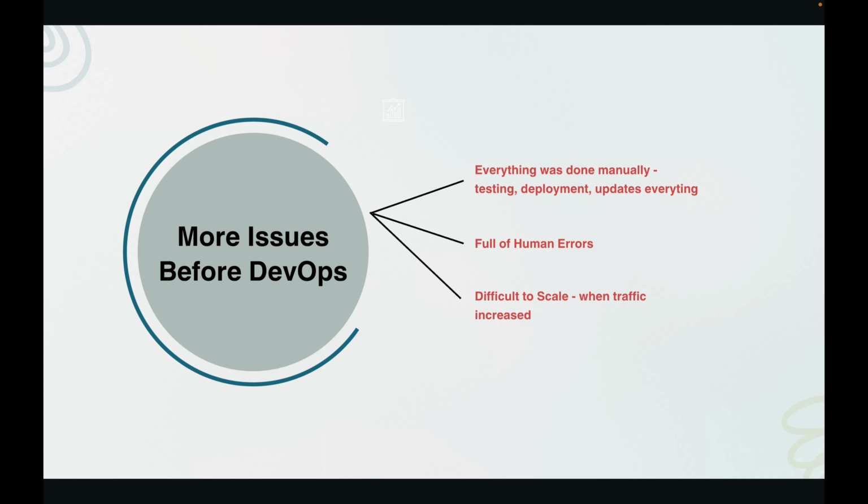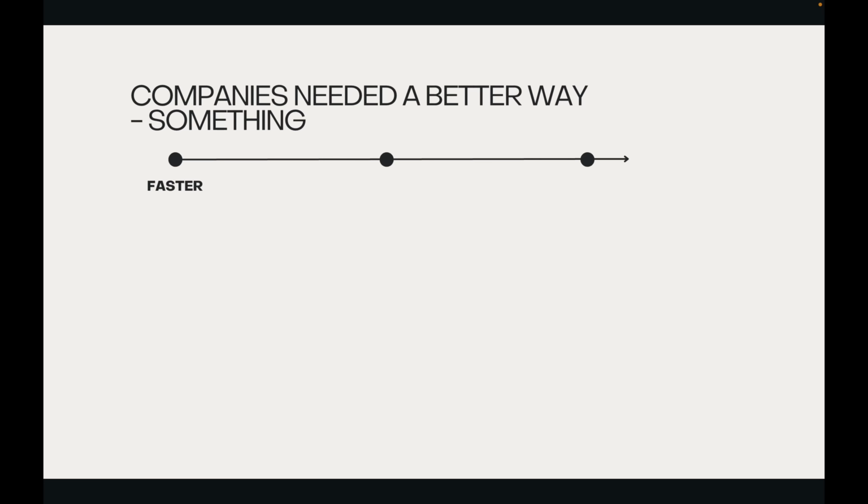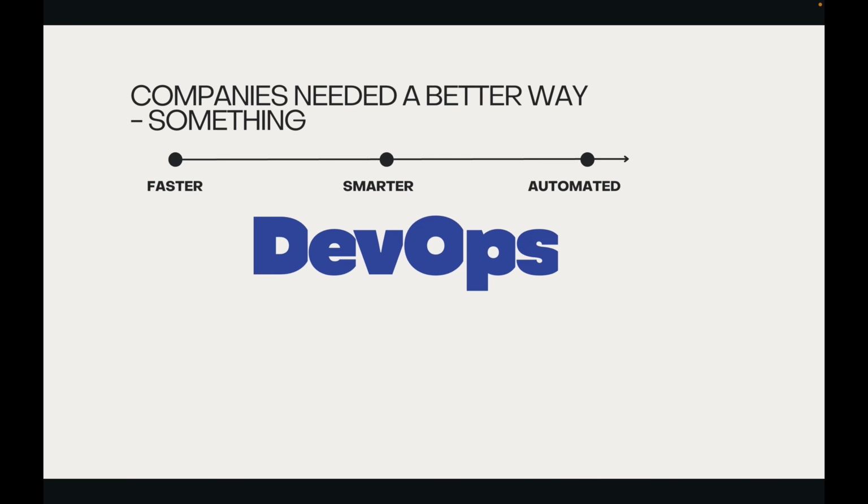Now companies and other software developers were looking for a better solution or a way, something faster, smarter, and automated. Now the solution came, that is DevOps. This is basically the game changer in software development.